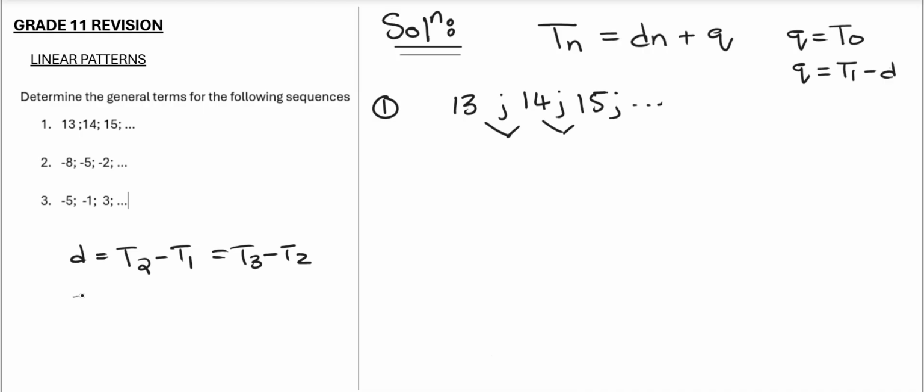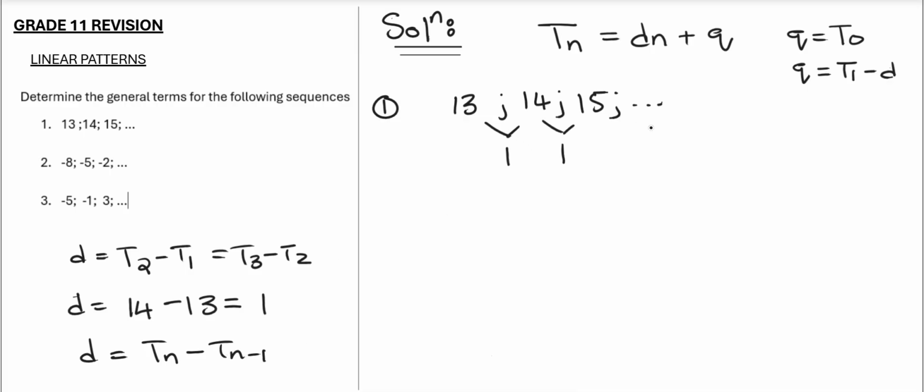So here our term number 2 is 14 minus our first term, which is 13, and that's going to give us a common difference of 1. Therefore 14 minus 13 is 1, and 15 minus 14 is also 1. So it means that D is always going to be equal to Tn minus Tn minus 1.